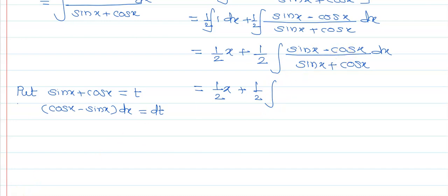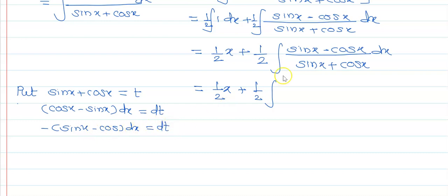Okay, we'll take here the negative sign as common, then we'll get here sin x minus cos x into dx is equals to dt.